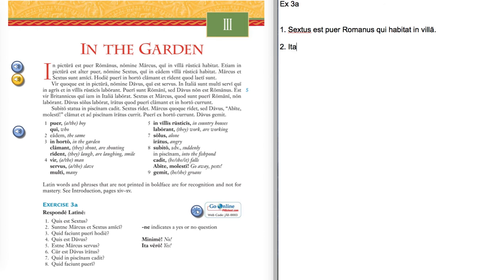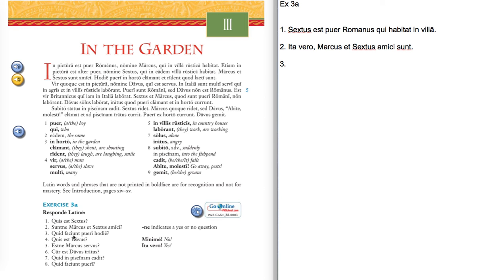But I'd like you to write out not only ita vero, but ita vero, Marcus et Sextus sunt amici. And that, again, could also be written as amici sunt. Yes, Marcus and Sextus are friends.